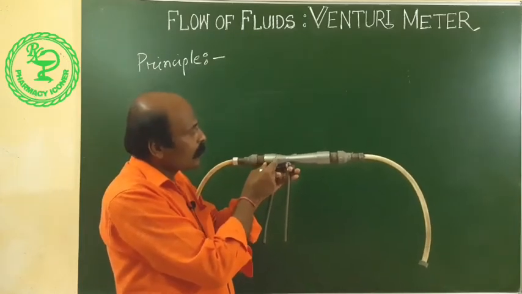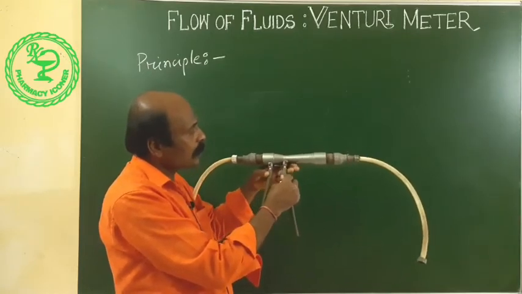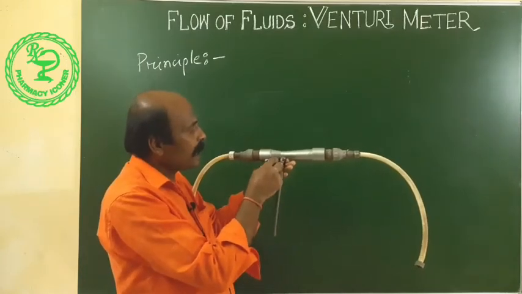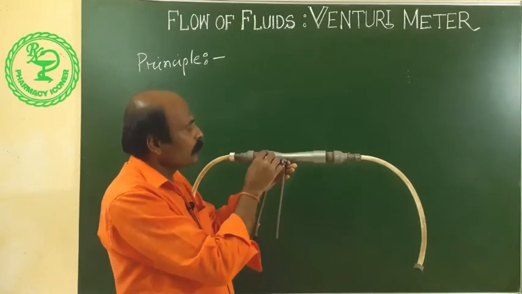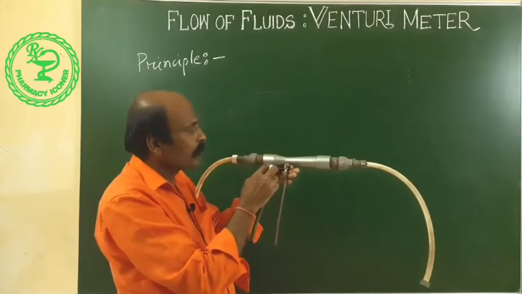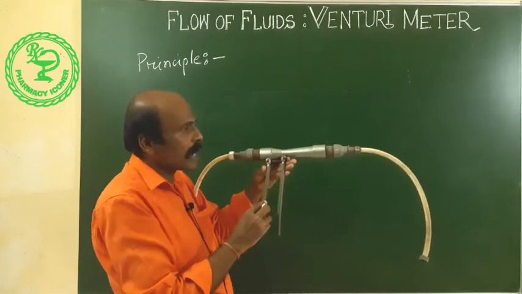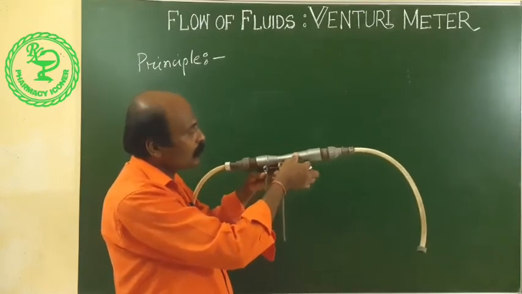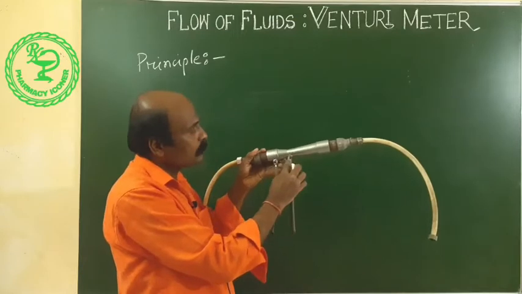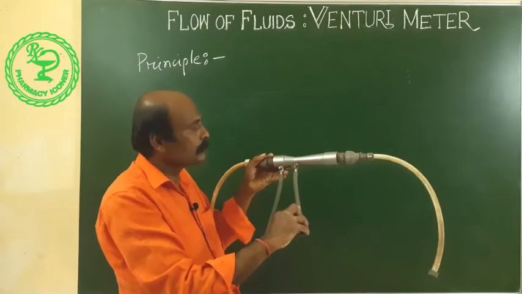It is the upstream. So, we will take these two points for the manometers. We will add the manometer arms; from this we will call the A section, this is the B section. Later on we will draw a diagram. Now, in the normal region upstream we will add one arm of the manometer, and at the throat, perhaps it is visible, at the throat we will add another arm of the manometer.